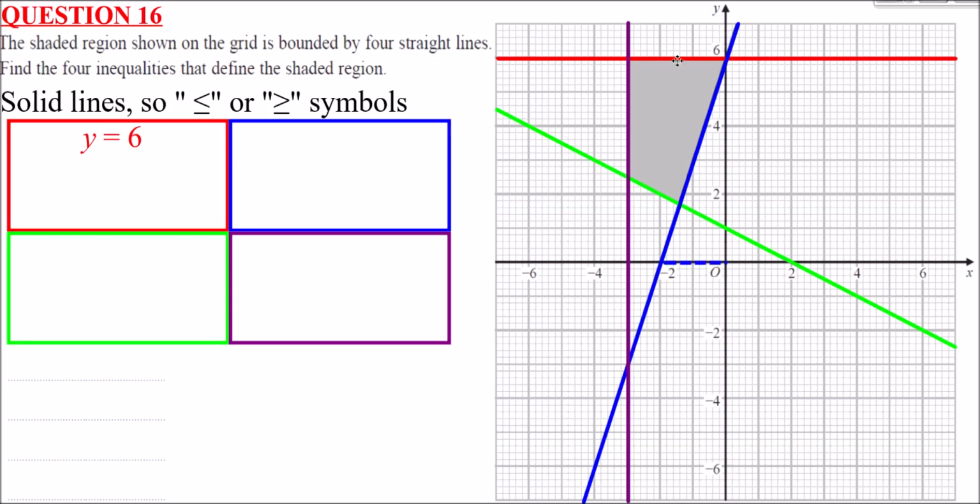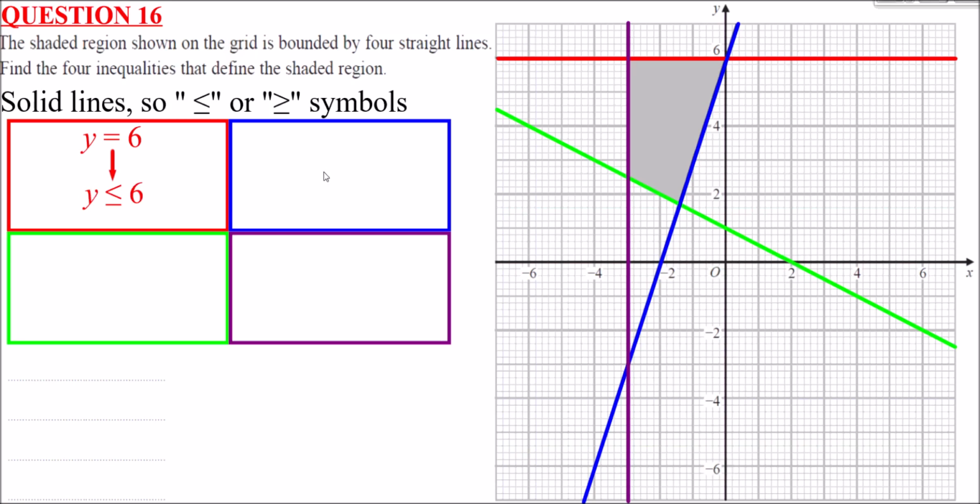We actually want the inequality version though. The region we've got here is clearly below where y is 6, so we want y to be lower than 6. We adapt the equals and say y needs to be less than or equal to 6.